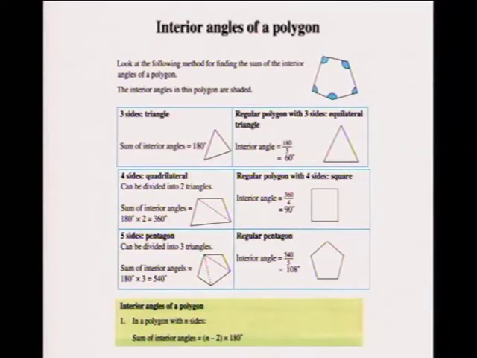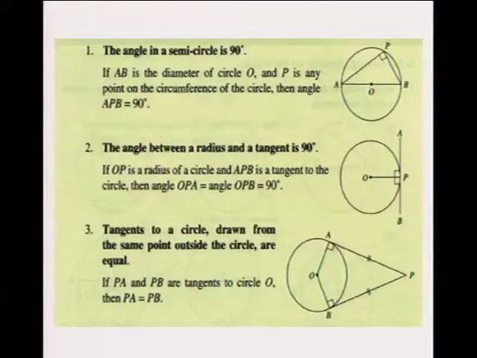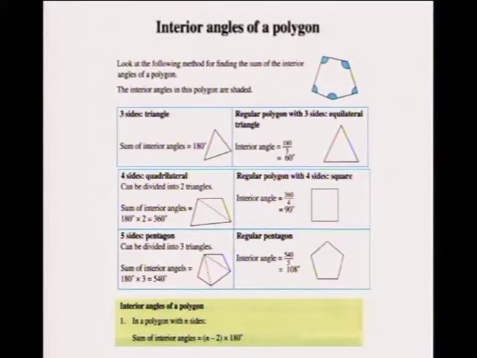And the interior angles of the regular polygon divided by 5, so 108 degrees for each angle. So for a polygon with n sides, the sum of the interior angles will be, in brackets, n minus 2 times 180. So that you also must learn to remember if you have to work out the interior angles of the polygon.